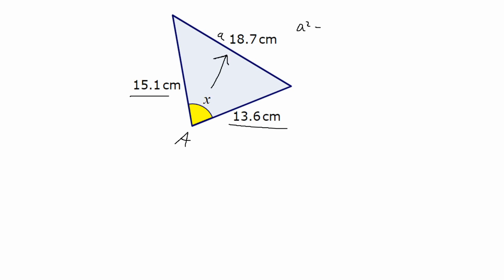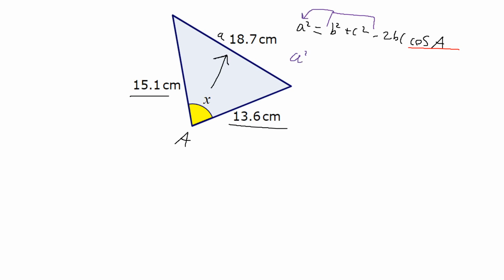A squared is equal to B squared plus C squared minus 2bc cos A. So we want to make cos A the subject. That is the end goal. So the first thing we need to do is put everything else on one side. So let's put that on the other side.